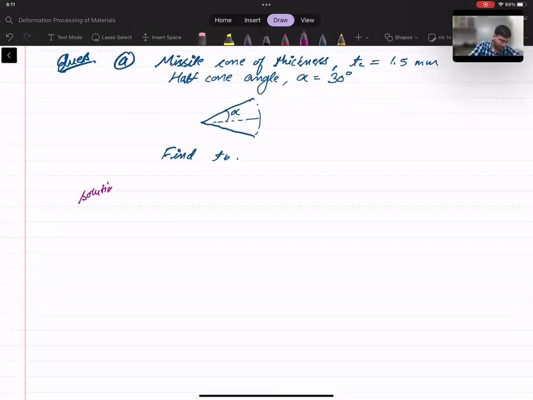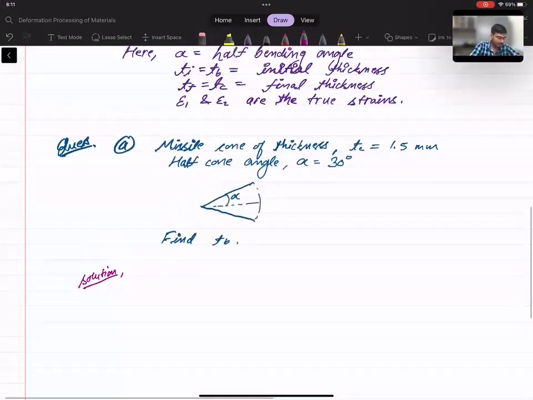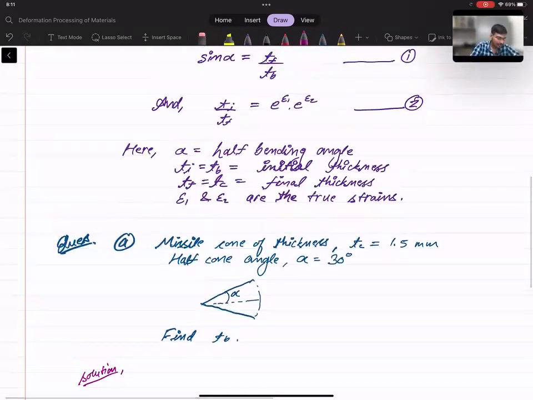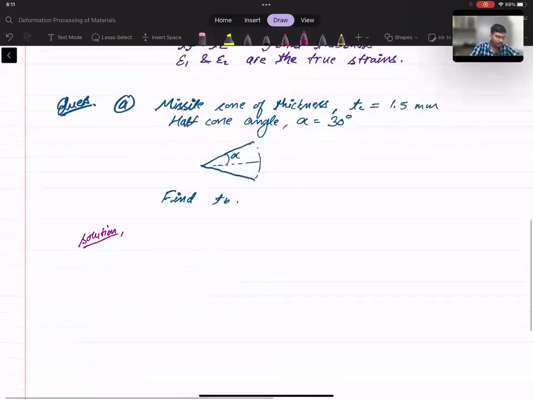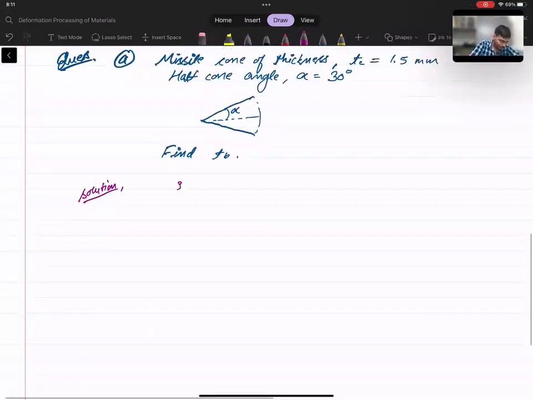We had sine alpha as TF over TB. Applying that, sine of alpha is TF by TB, and we know the value of TF and alpha.